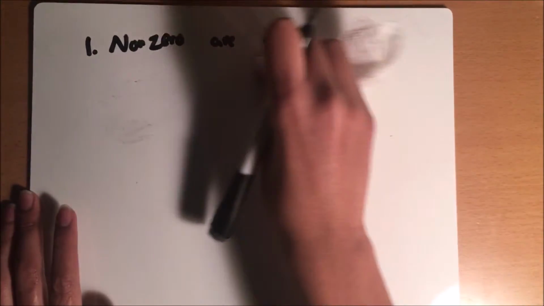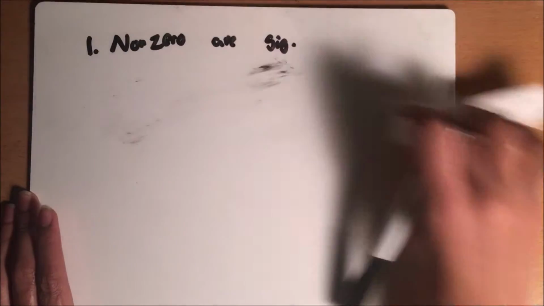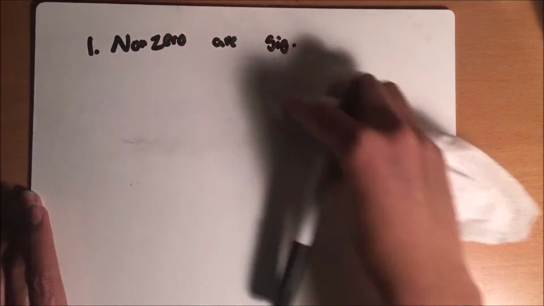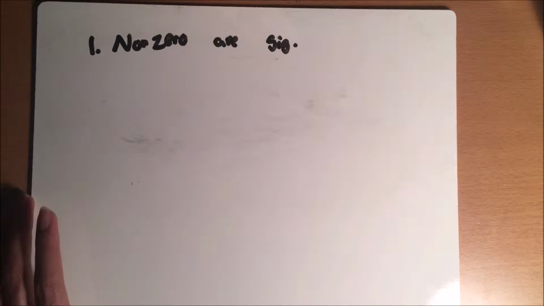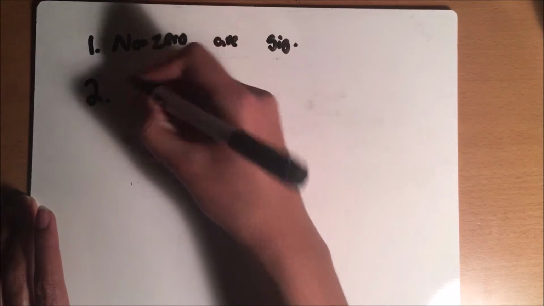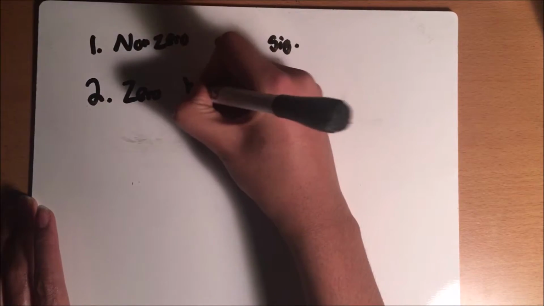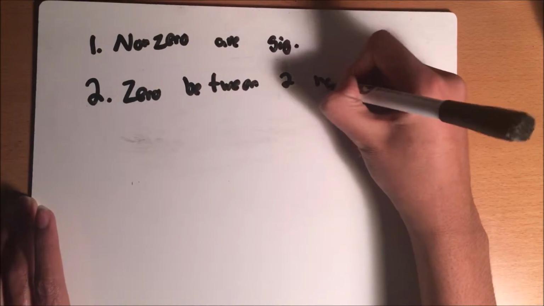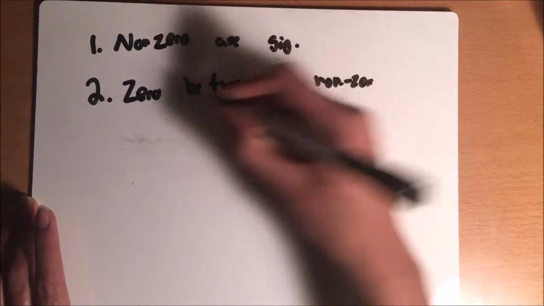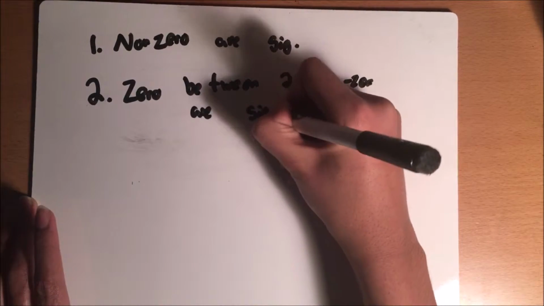The second rule is that any zero between two non-zeros is significant.